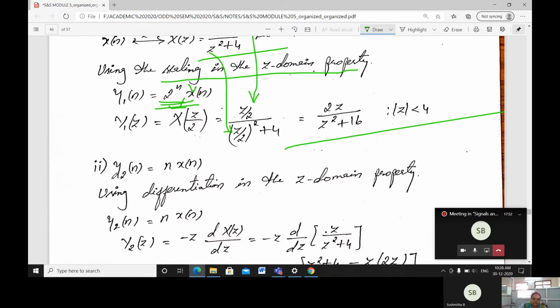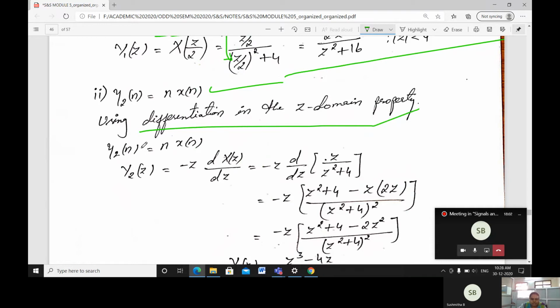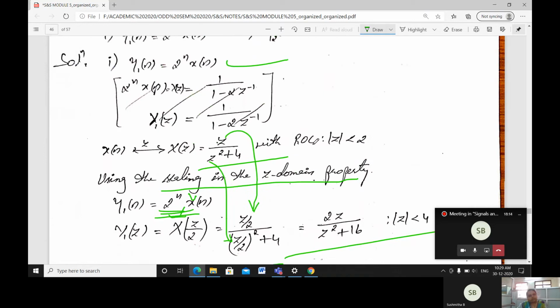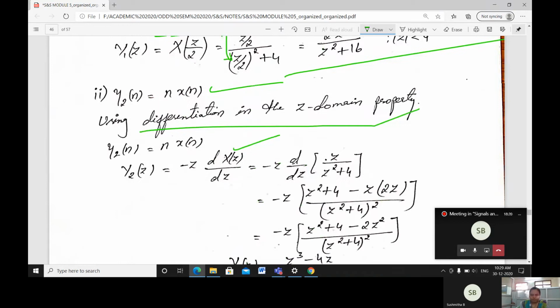This is one thing. Then the next is y2 of n equals n times x of n. By using the differentiation property, y2 of z is going to be minus z dX of z divided by dz. X of z is already given for us, we need not find it. What they gave is z divided by z squared plus 4.